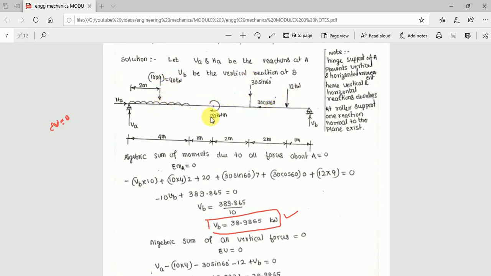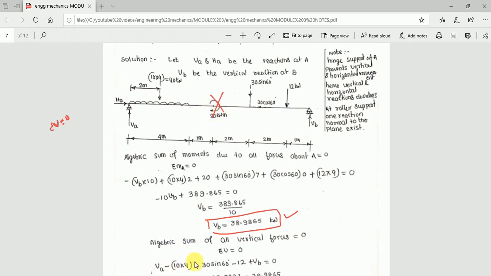And this 20 kilonewton meter is a moment. It will not come into the picture. This is not a force, this is a moment. So while equating the algebraic sum of vertical forces, this moment will not come into the picture.